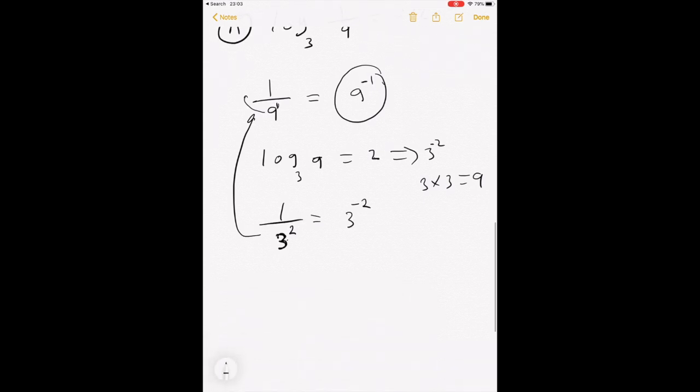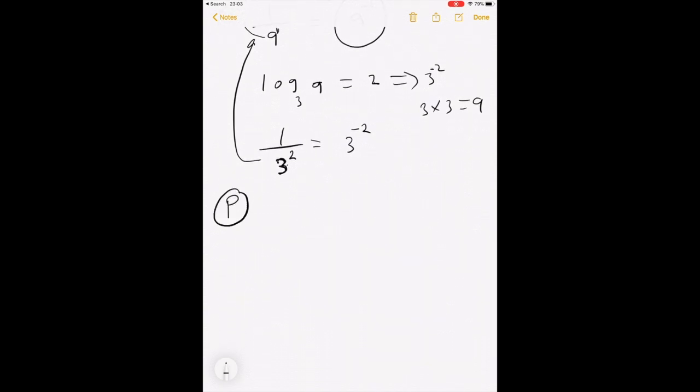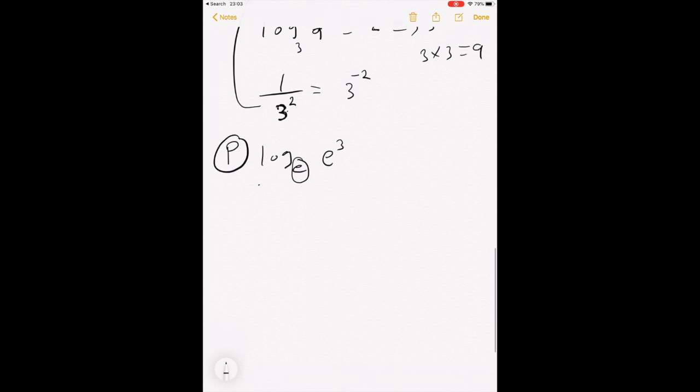Let's look at p. So p says log to the base of e to the power of 3. e is the natural log base. Whenever you see log e, we will convert it to something called ln. This is a fixed value, 2.71, often used in science and finance, but we have to learn it. If we imagine this question, whether it's 10 or e, it doesn't matter, the bases are the same.